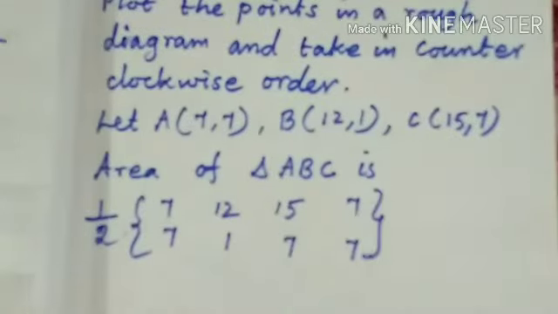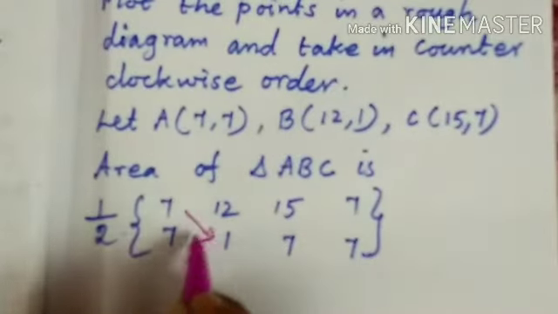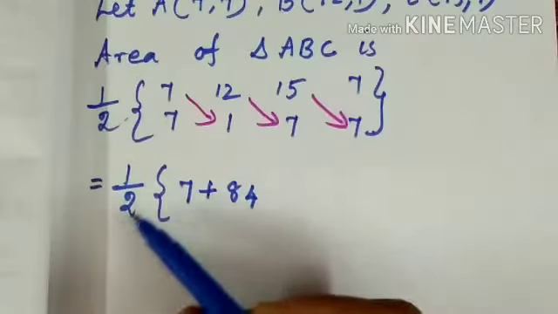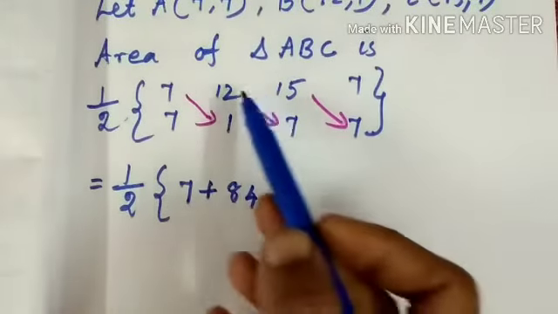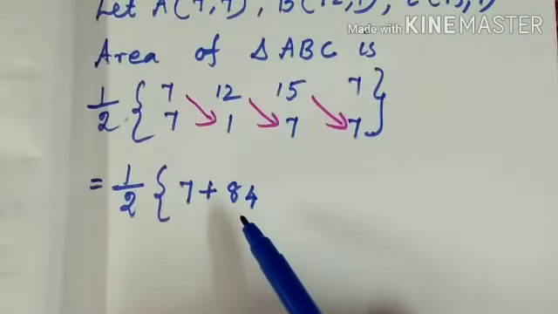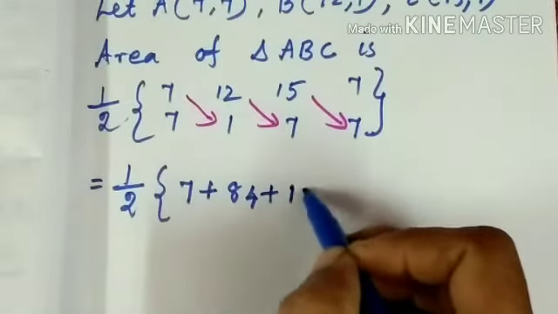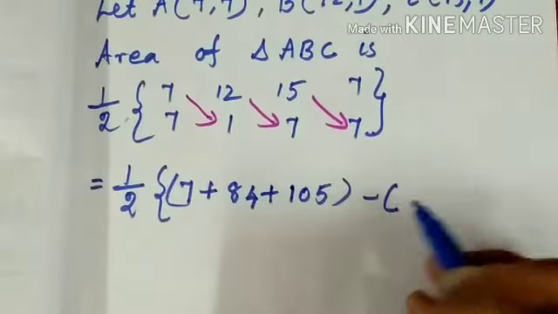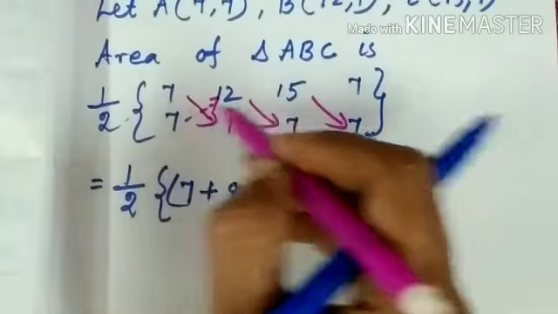Now you have to multiply from the top to bottom. Then half into 7 into 1, 7, plus 12 into 7, 84, plus 15 into 7, 105, minus of, now you have to multiply from bottom to top.